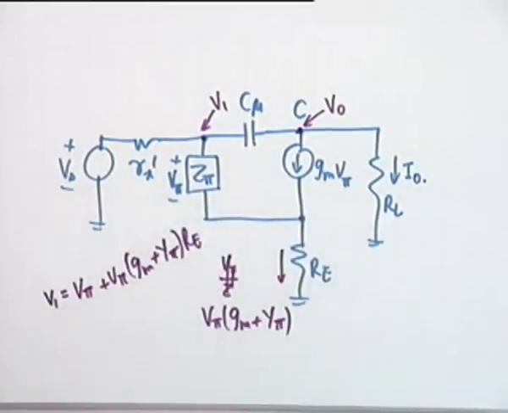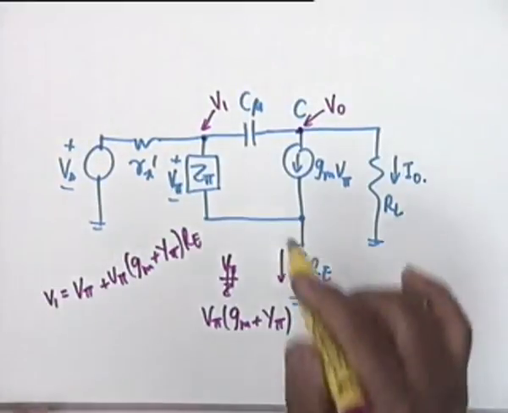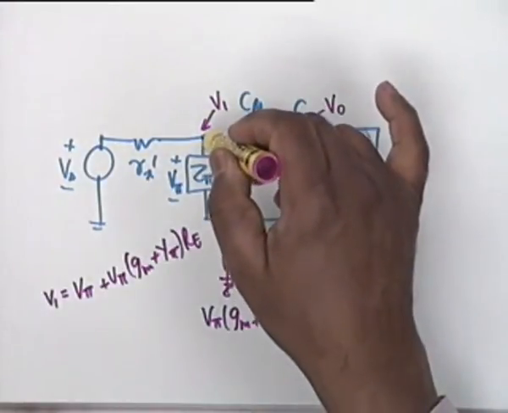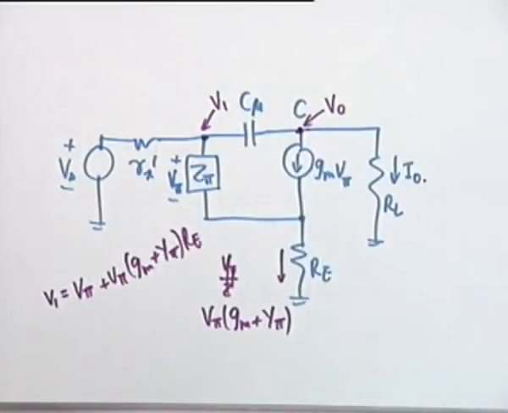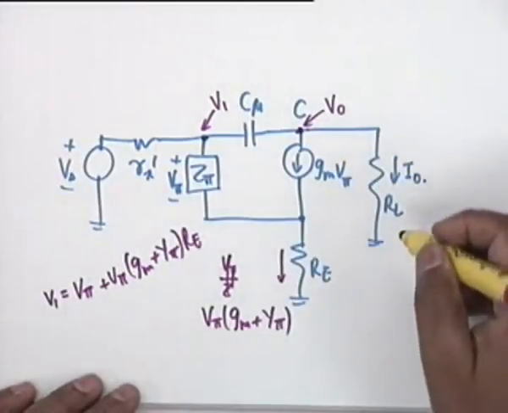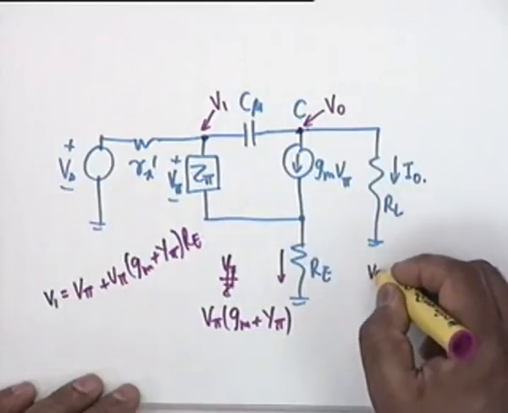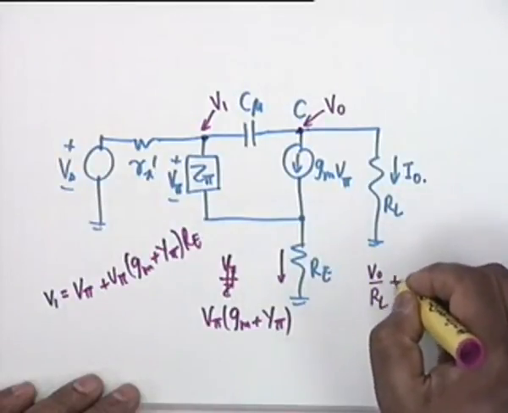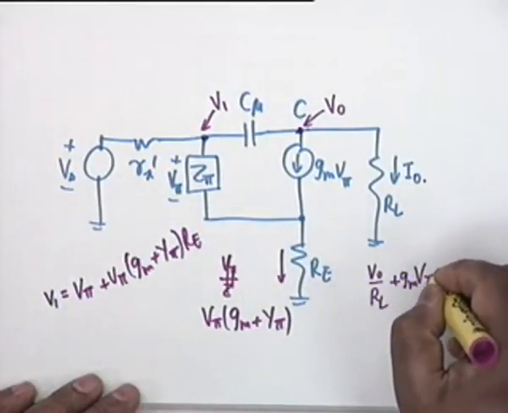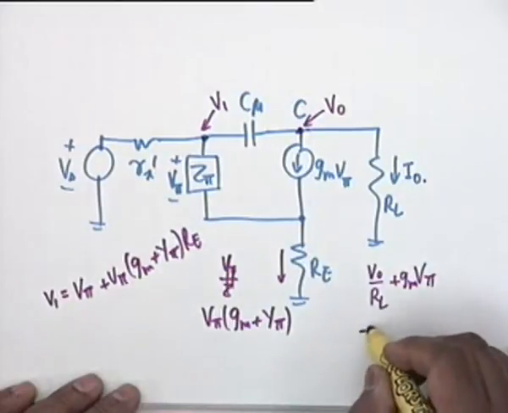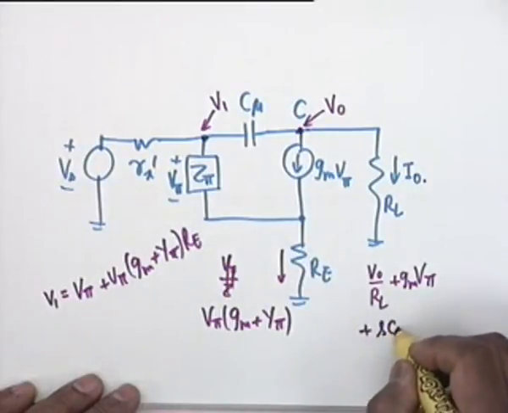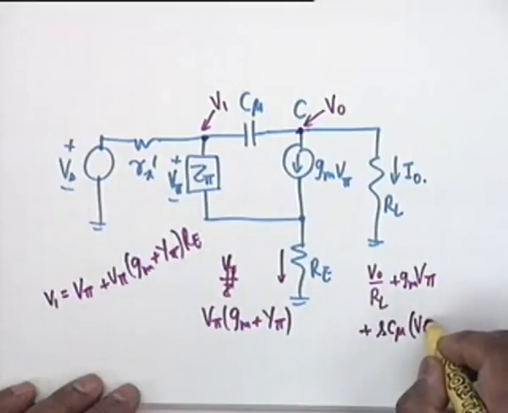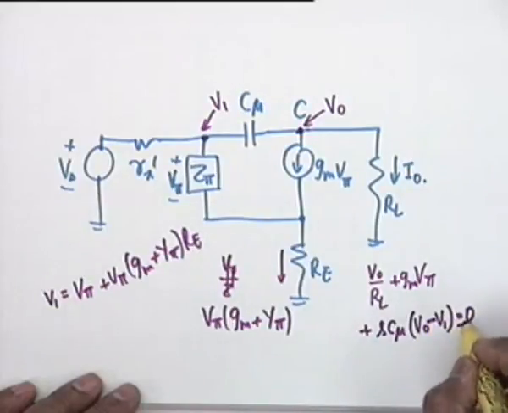Therefore, I know V pi in terms of V1. Agree? All that I have to do now is to write two node equations, one at V1 and the other at V0. Obviously, the node equation at this node is V0 by RL plus GMV pi plus S C mu (V0 minus V1) equal to 0.